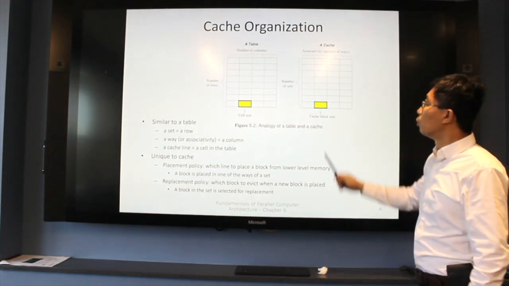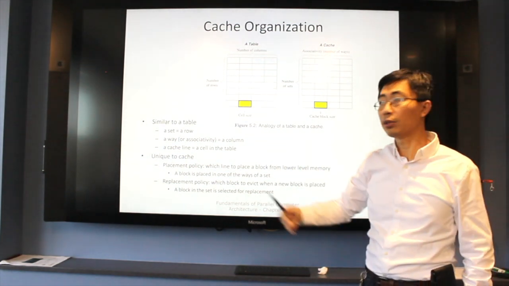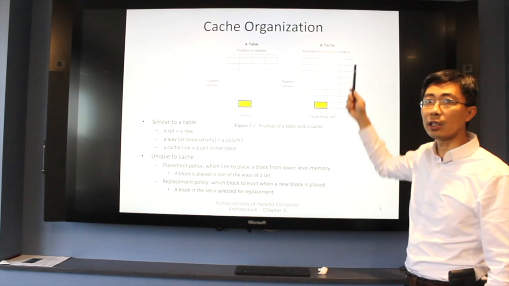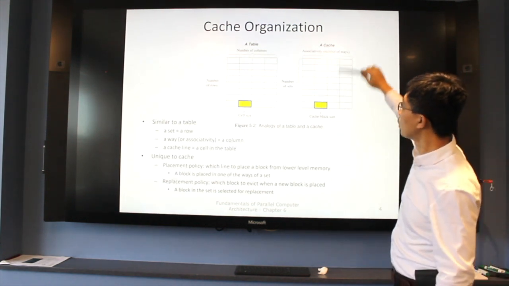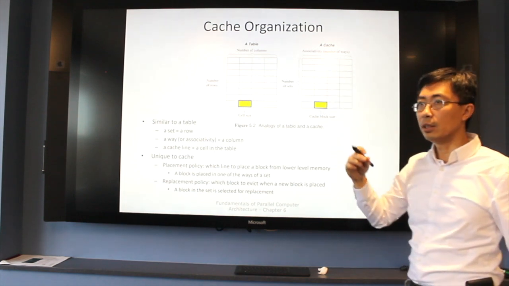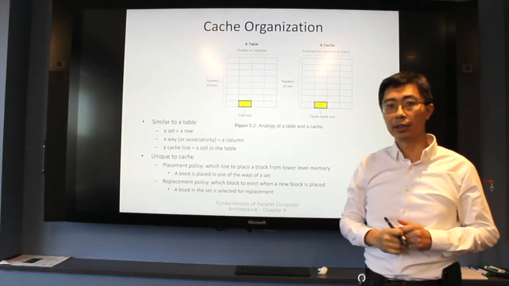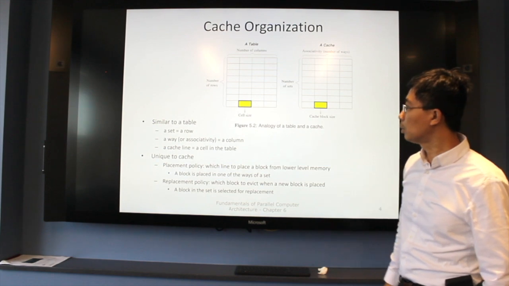In cache, we have a number of sets, which are essentially the number of rows, and the number of columns is called the number of ways, or associativity. So we have the number of sets, the associativity, and then each cell is essentially a cache block size. So it's quite similar to a table.